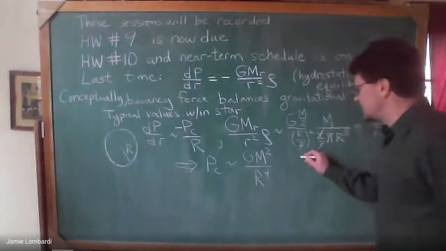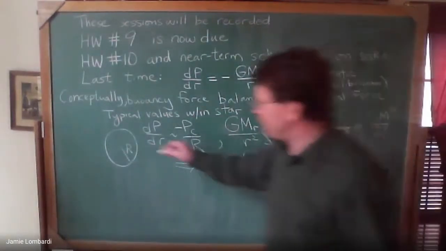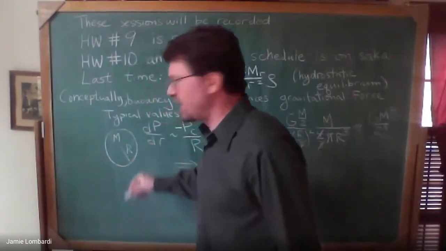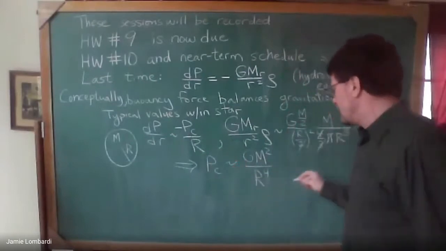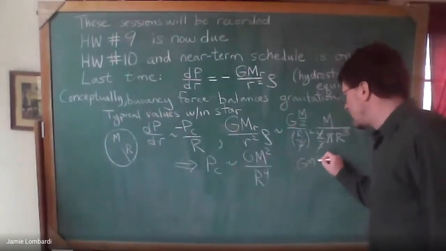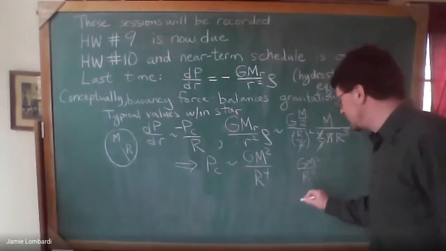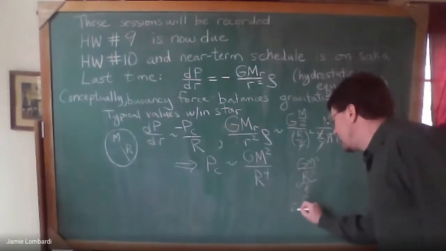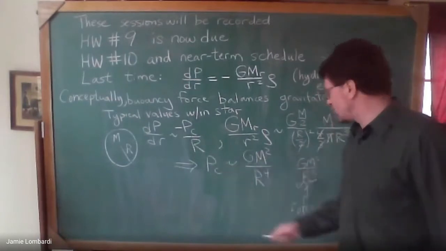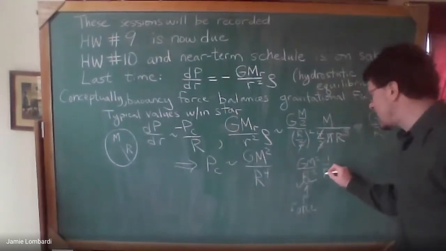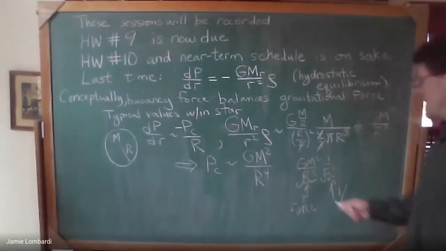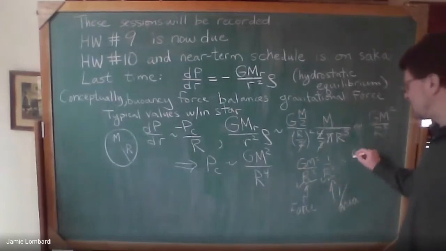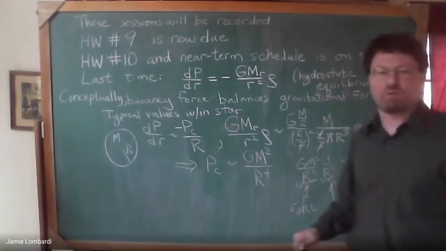And a force dimensionally, if all you have about your system is its mass, its radius, and it's gravitationally bound, so there's a capital G playing a role, the force is GM squared over R squared dimensionally. That's dimensionally a force. And we say pressure is a force per area, so we divide by an area. That's a 1 over area. And so, yeah, what do we get? We get, as expected, GM squared over R to the 4th. There's really no other thing that it could have scaled with.